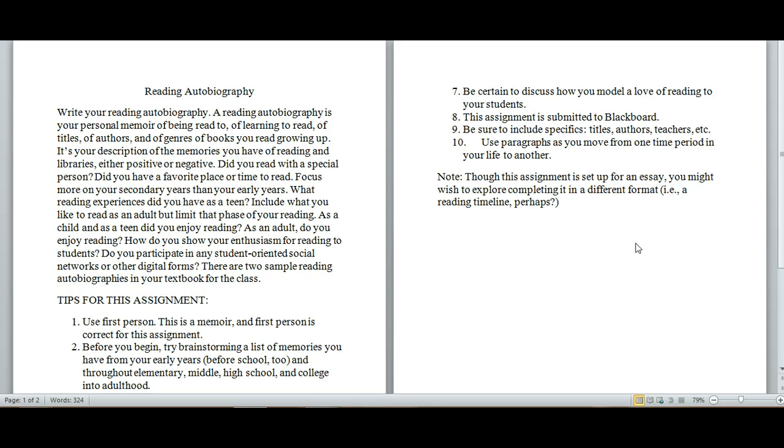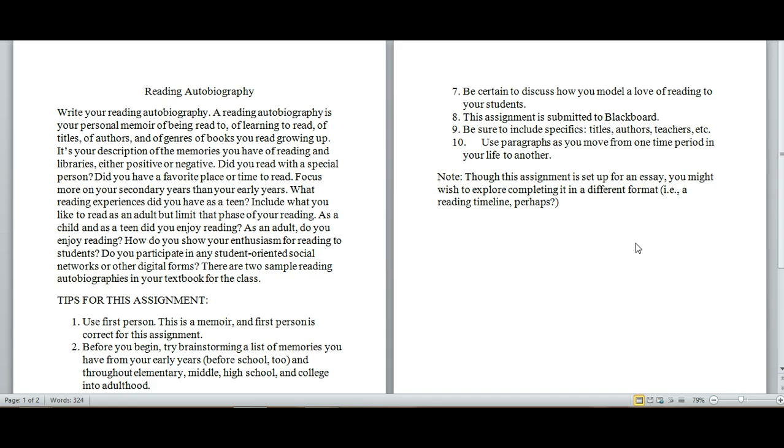There are two examples of reading autobiographies in your textbook. One is my reading autobiography, because when I took the young adult literature class many years ago, I too had to write mine. And the other reading autobiography is one that a student wrote for me many years into my teaching of young adult literature.